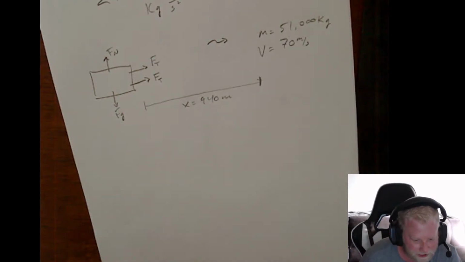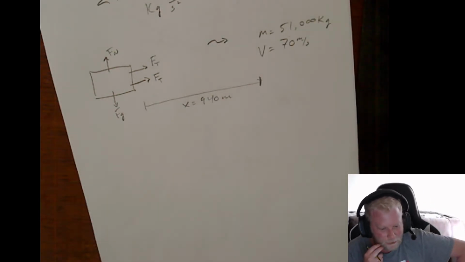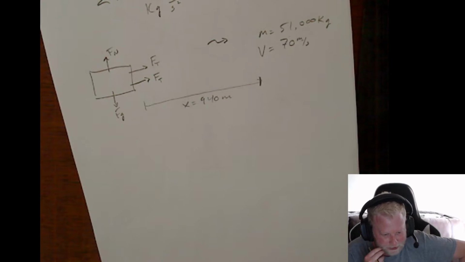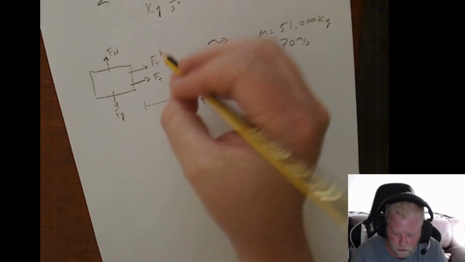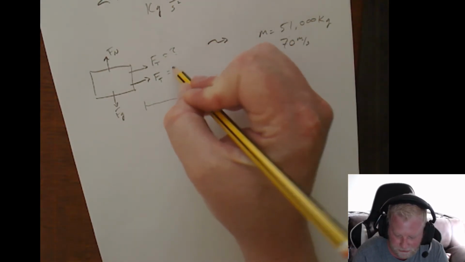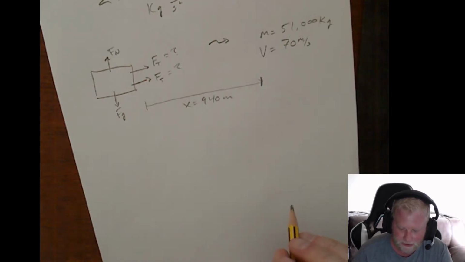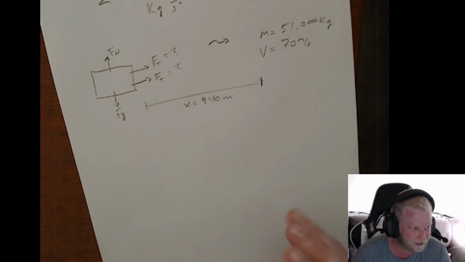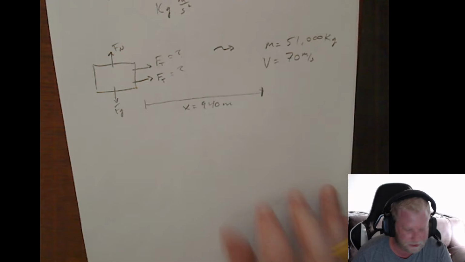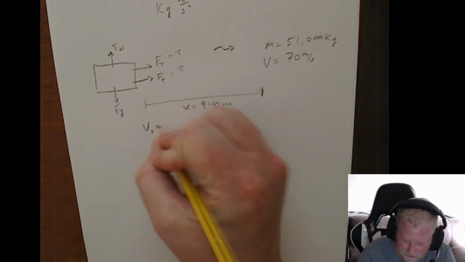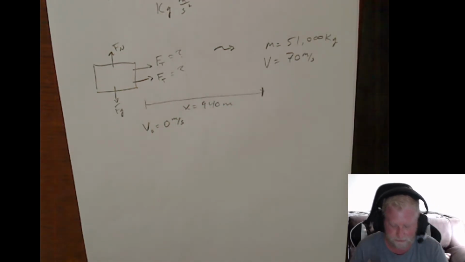We're given no indication of any drag force or frictional force, so we don't have to worry about that. But we want to know what each of these individual forces is. There's one other assumption we can make: a plane on a runway, the initial velocity is going to be 0.